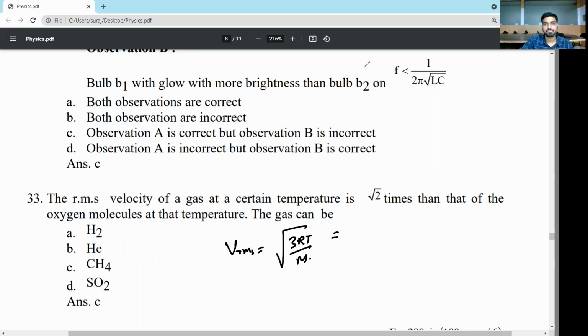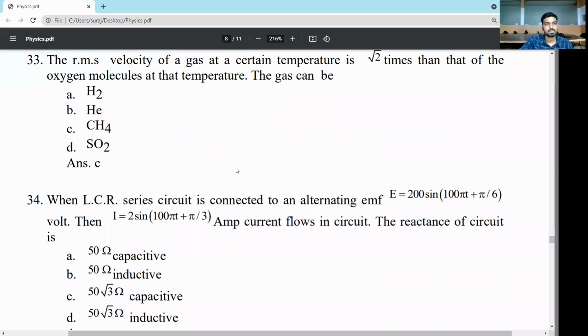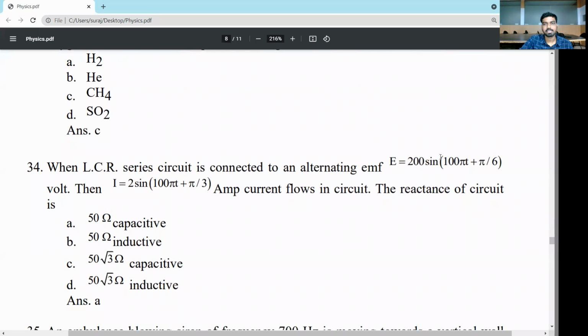Next, question number 34. The LCR circuit is connected to an alternating EMF. The EMF is given in volts, and the current in amperes flows in the circuit. The reactance of the circuit means what? Z. See, this is E naught and this one is I naught.